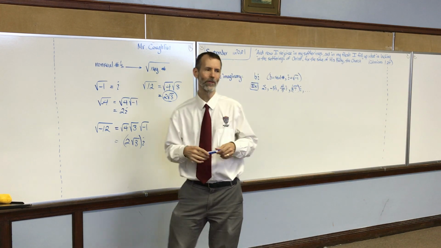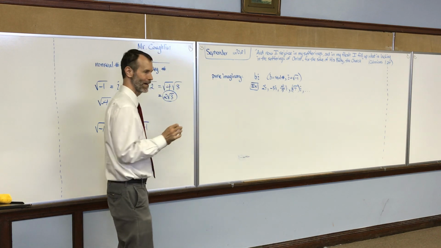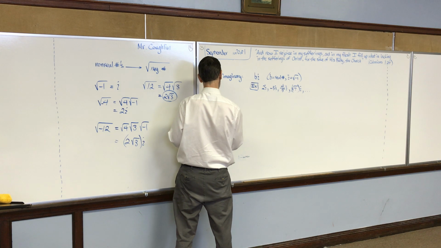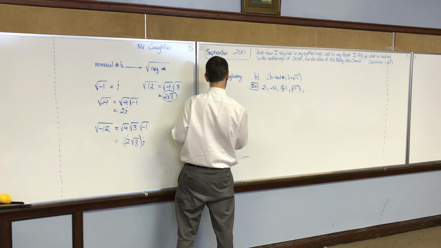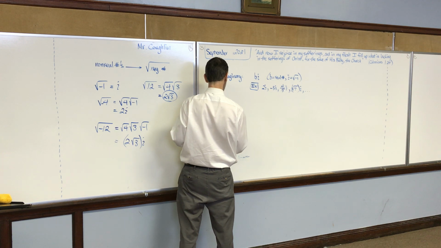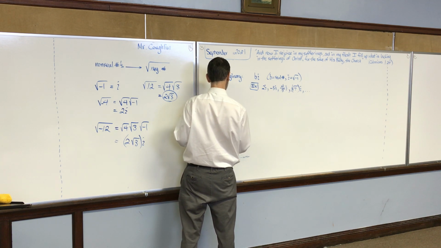There is also another non-real number that's not pure imaginary. It's called complex. A complex number is basically a real number plus an imaginary number.